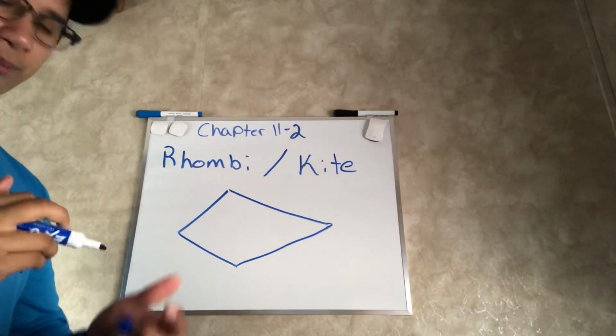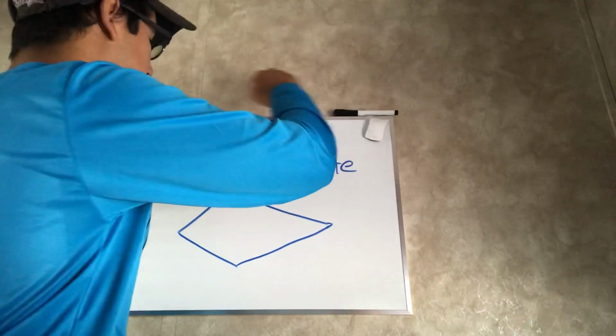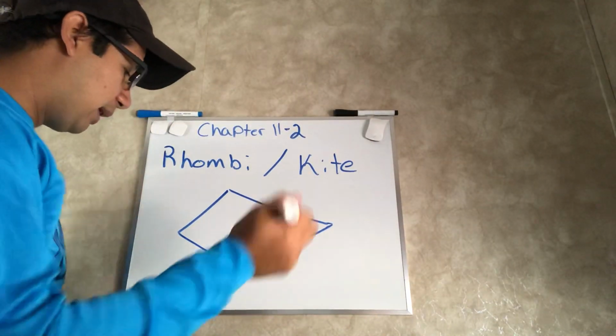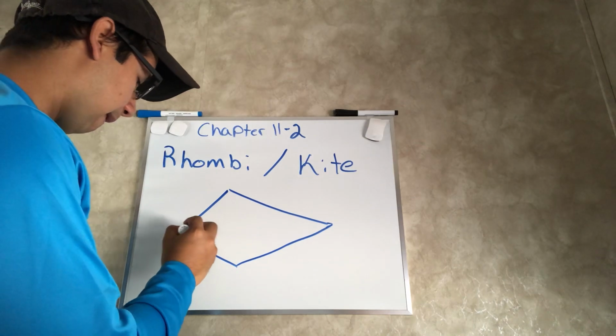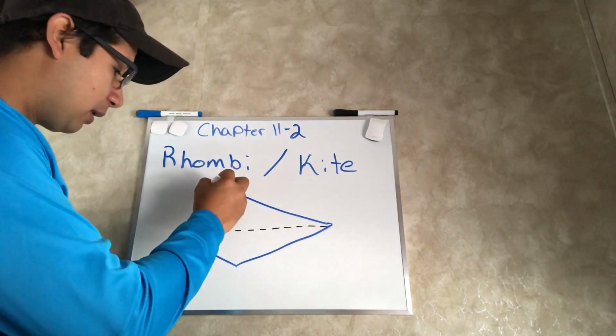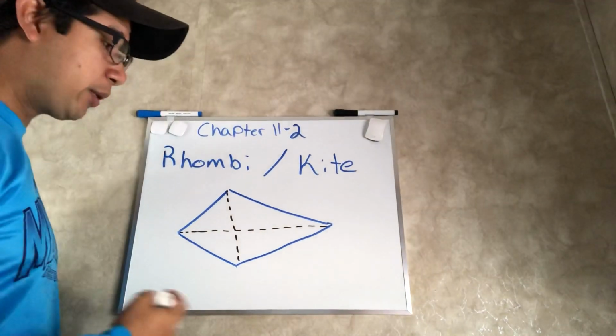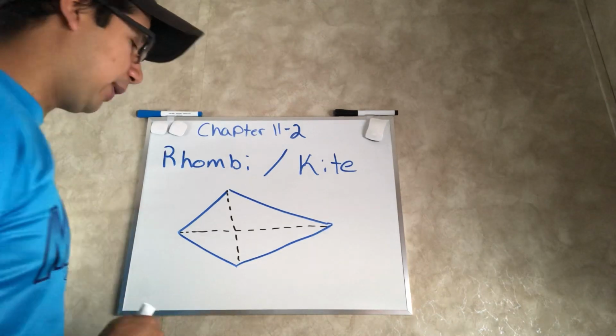Both of these, the rhombus and the kite, have diagonals. My diagonals would be these here. That would be one diagonal, and this here would be my second diagonal, and that's what we're going to be using to find the area.